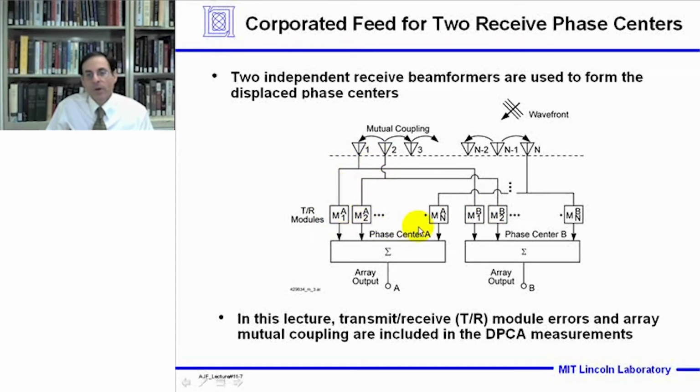And there's a set of TR modules in phase center A and a set of TR modules in phase center B. These TR modules are used to put a phase weighting on to steer the beam in a desired direction, and an amplitude taper to create low side lobes. So we have a summed array output A and a summed array output B corresponding to the 2 phase centers. So in this lecture, TR module errors are included, as well as array mutual coupling, in the DPCA measurements.